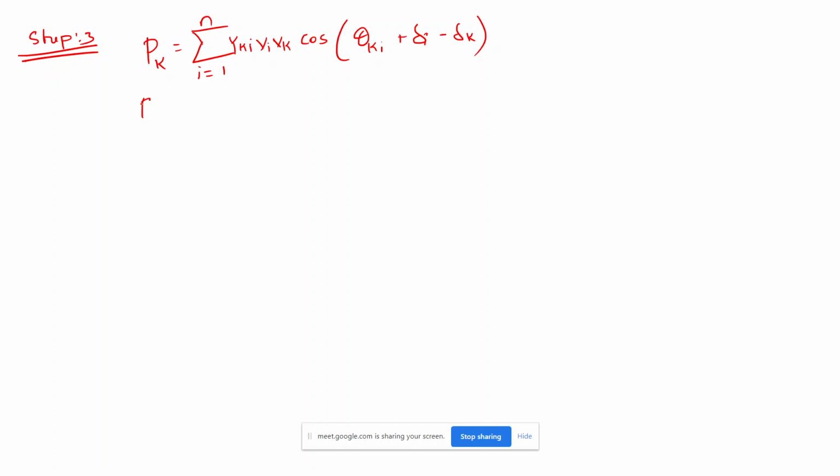For Qk, the same thing will come, only the sign will differ: summation of i equal to 1 to n of Yki Vi Vk sin of (theta ki plus delta i minus delta k). So this is the generalized corresponding equation.